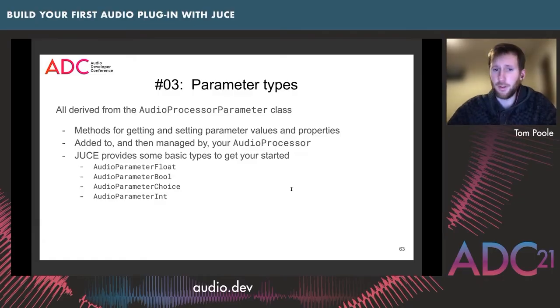And when you add these to your audio processor, it takes care of their lifetimes and interacting with them. We've got a handful of basic types to get you started, where a float parameter is very suitable for something like a slider. A bool would be a button. A choice would probably be a drop-down, and an int would be some kind of discrete setting.